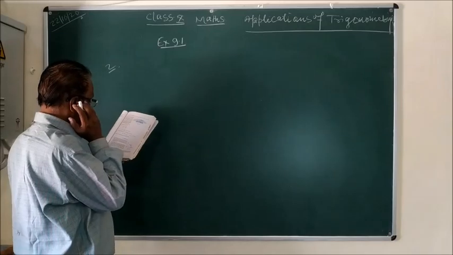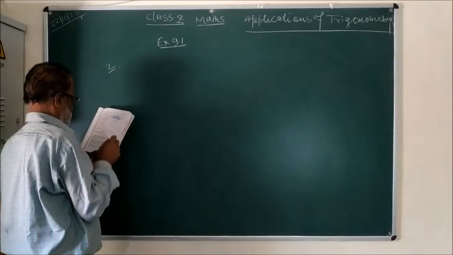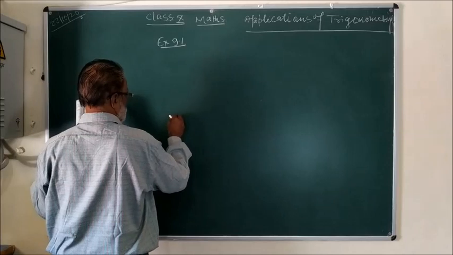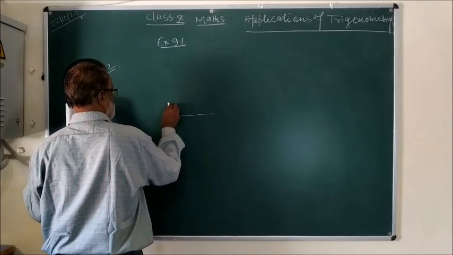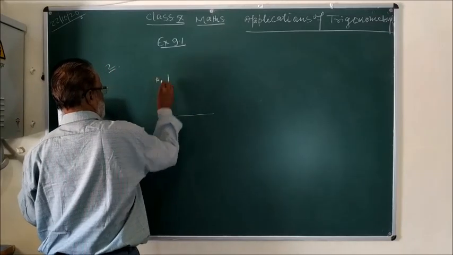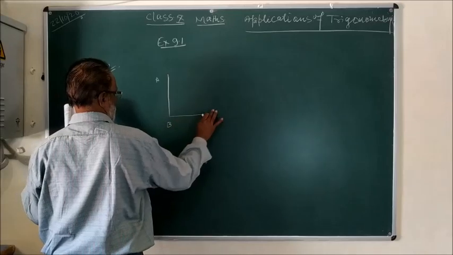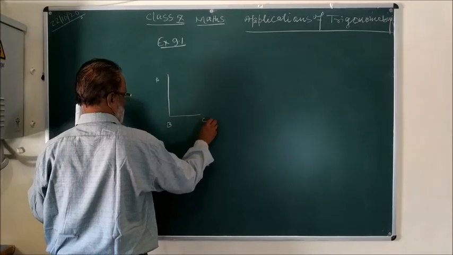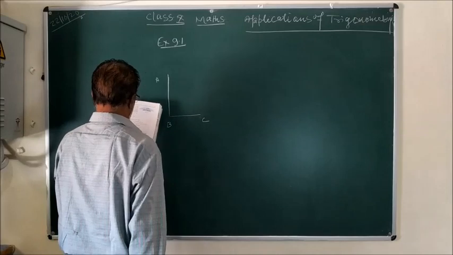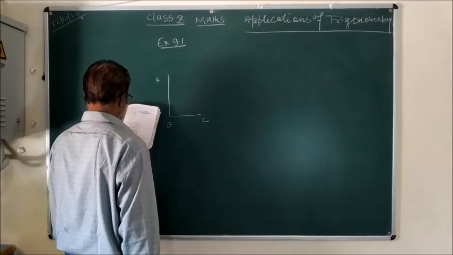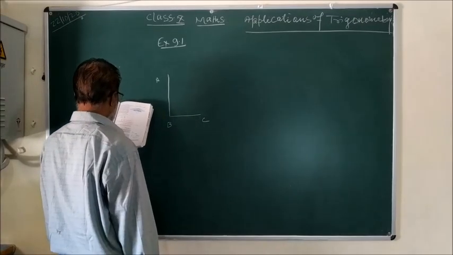A tree breaks due to a storm, question number 2. Suppose this is the ground and this is the tree. AB is a tree, and BC is the ground, and it is broken due to a storm.